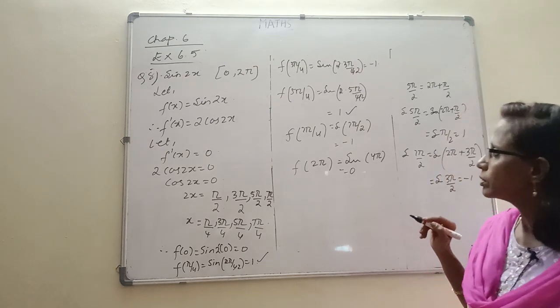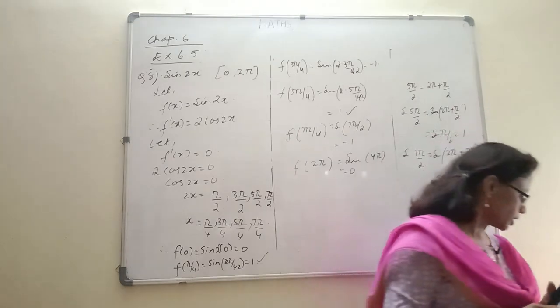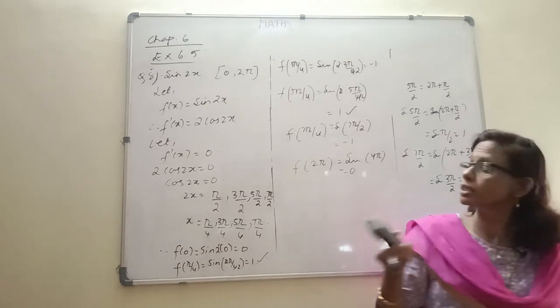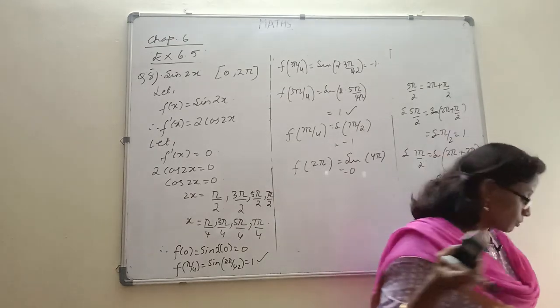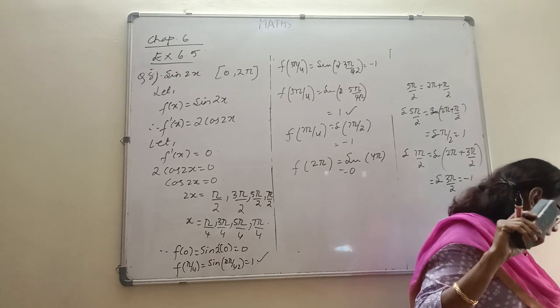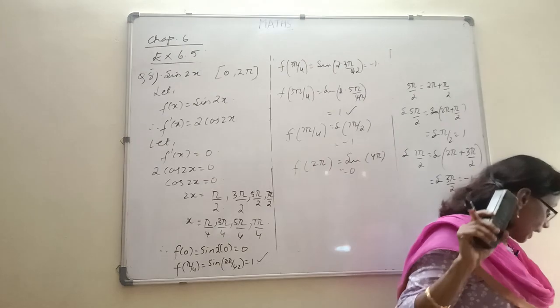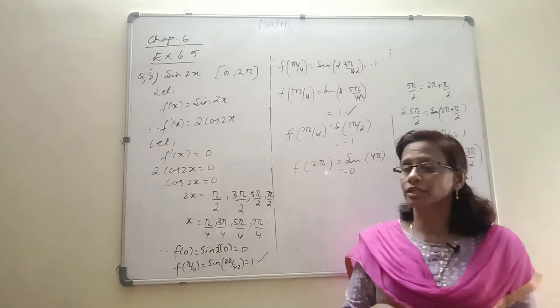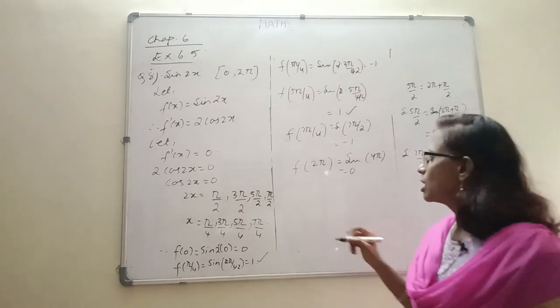Let me see whether they're asking for the value or the points. At what points? Please note. Earlier they asked for minimum and maximum values, but here they're asking for points. So we have to be careful. They have not asked for the value; they have asked for the points.